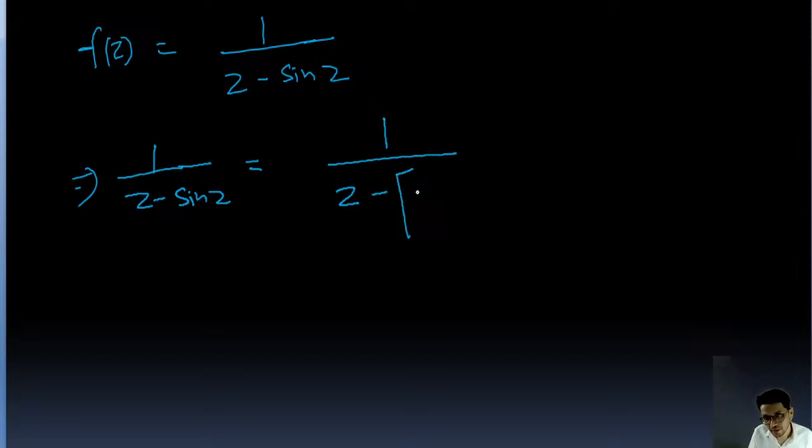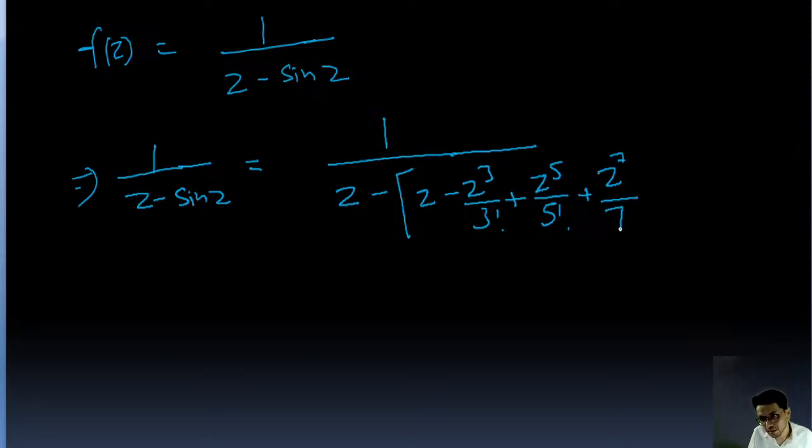This is z minus z cube upon 3 factorial plus z to the power 5 upon 5 factorial minus z to the power 7 upon 7 factorial plus so on. Okay, so this is the expansion of sin z. I hope you know it.